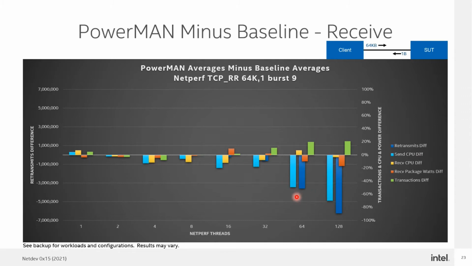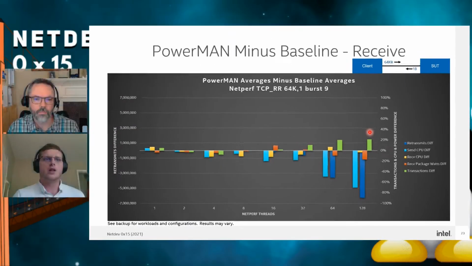And in the 128 thread case, where you see the dark blue again, we had about 6 million fewer retransmits. We also showed an improvement in transactions for all 3 of these cases in the green, about 10%, and then about 20% for both the 64 and 128 thread cases. Next slide, please.